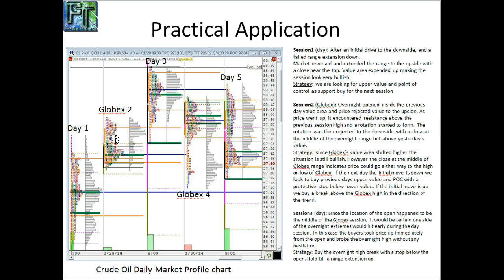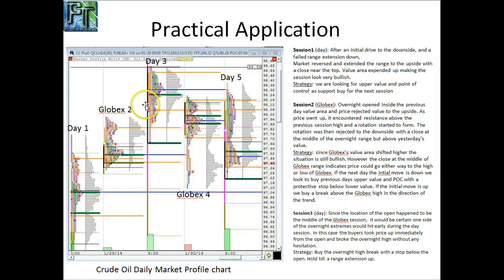When you are at a level and price starts to go rotational, and you can see on the volume histogram volume expanding, it's telling you the market is encountering resistance. Then we rejected this upper rotation to the downside and we closed at the middle of the Globex session. When you close at the middle of the Globex session, it's telling you neither the buyer nor the seller won the battle.